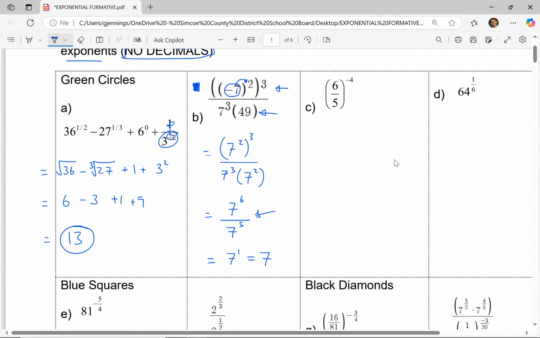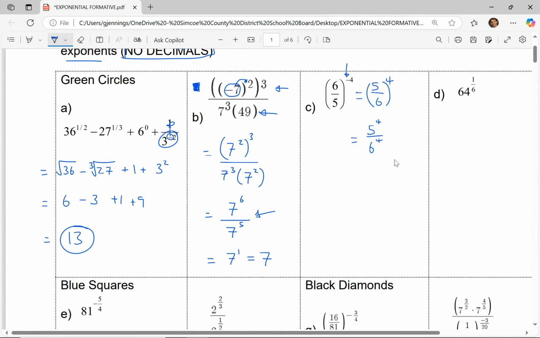Okay, and then we have to work those out. So 5 to the 4 is the same thing as 5 times 5 times 5 times 5, which is equal to 25 times 25, which is equal to 625, if you didn't know.